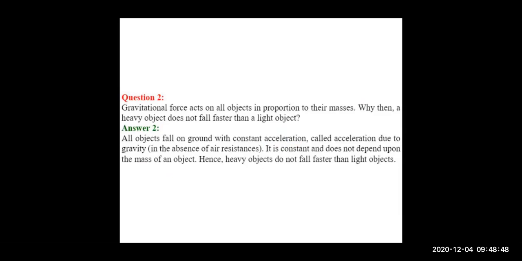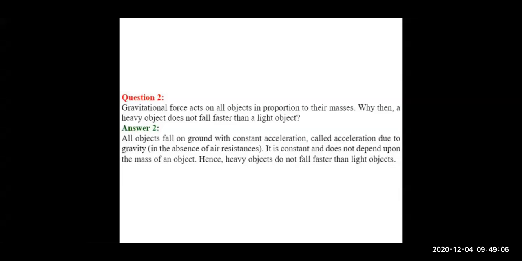But you will say that, ma'am, if I throw a 5 kg stone and if I throw a feather, or a piece of paper from the 100-story building, then the stone will obviously fall down sooner, faster as compared to paper.